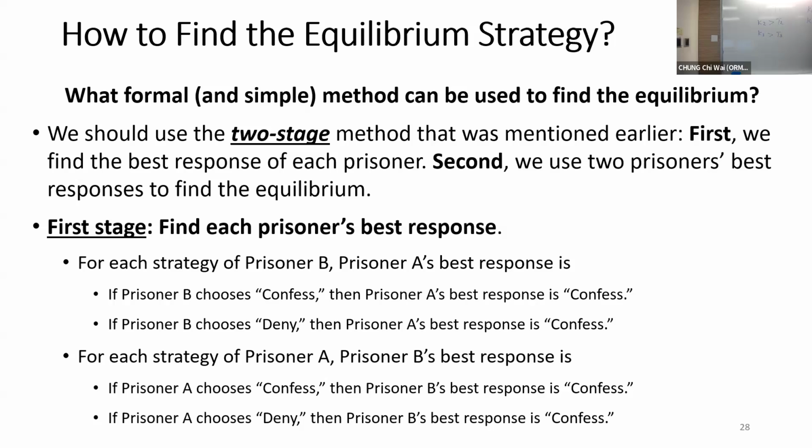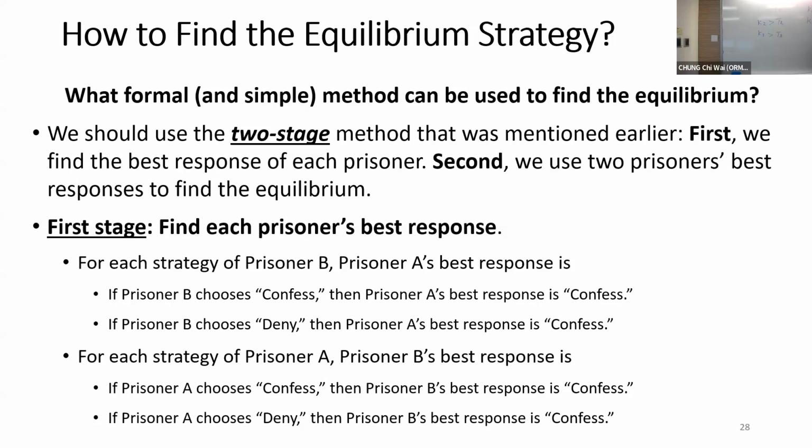Since they cannot communicate, one player does not know the choice of the other. If one player thinks the other player will choose confess, and if I choose deny, I will get a serious penalty. All right, to play safe, to protect itself, the main thing is the two players cannot talk.